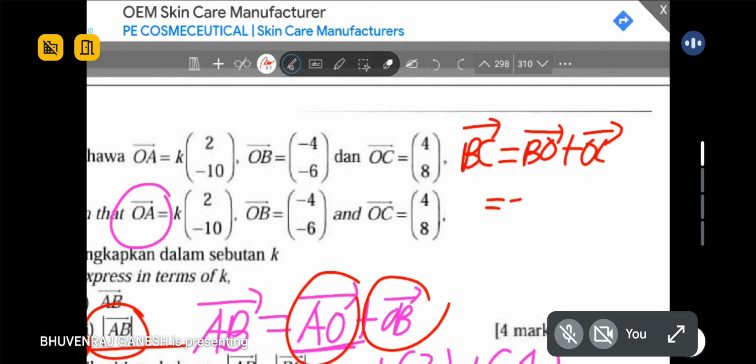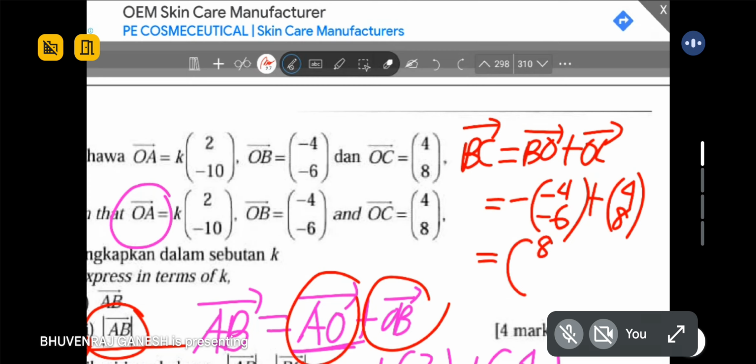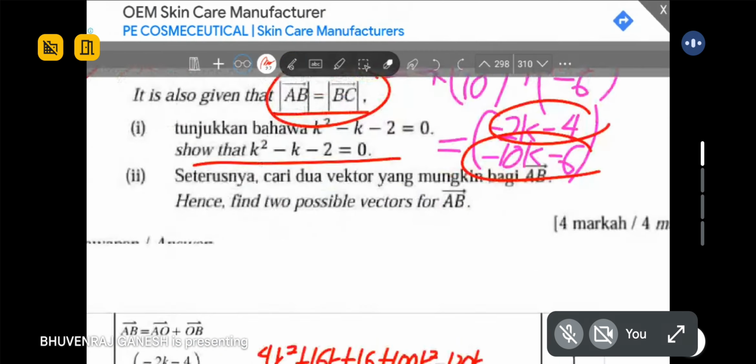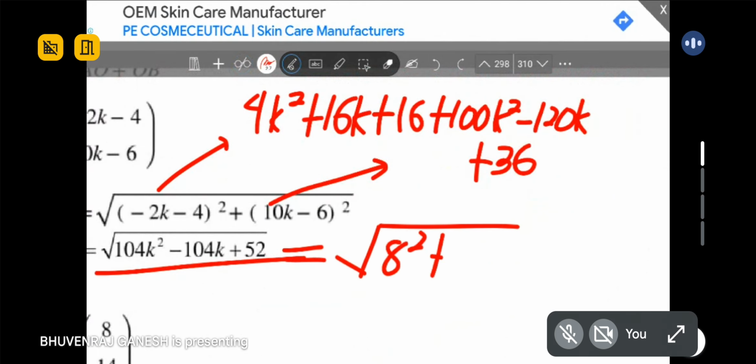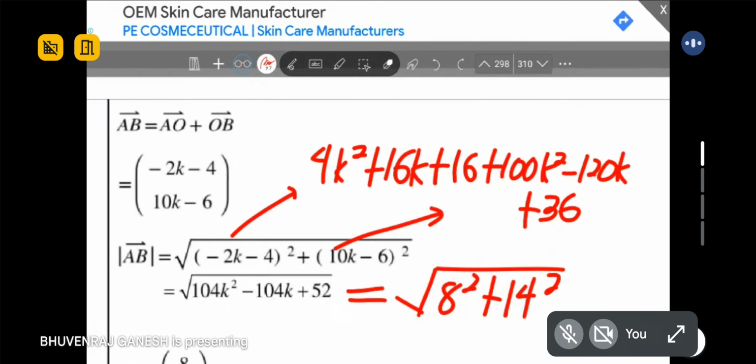So, BO is negative of OB plus OC, for 8. So, your answer is 8 and 14. So, this is your vector BC. So, magnitude of BC, you just equal to square root 8 square plus 14 square.